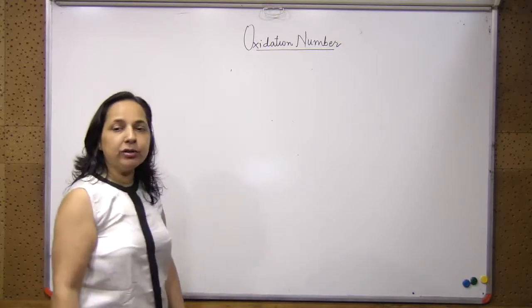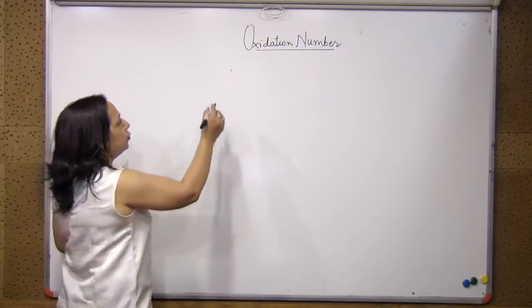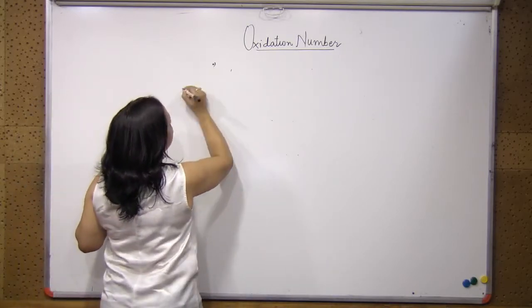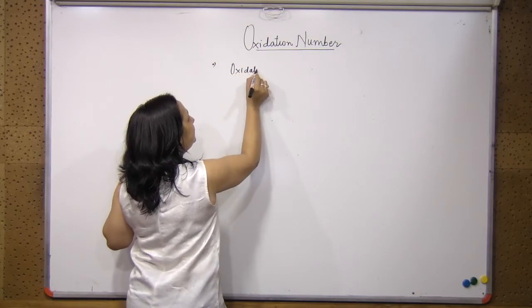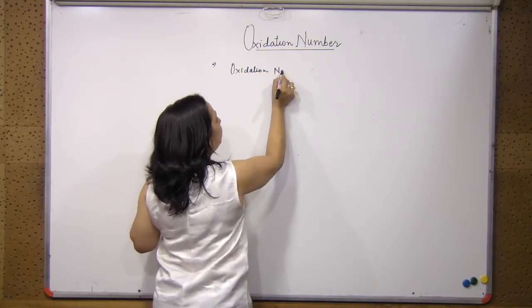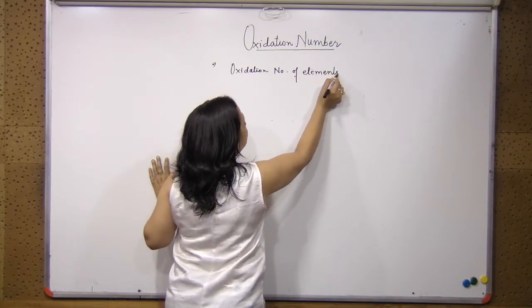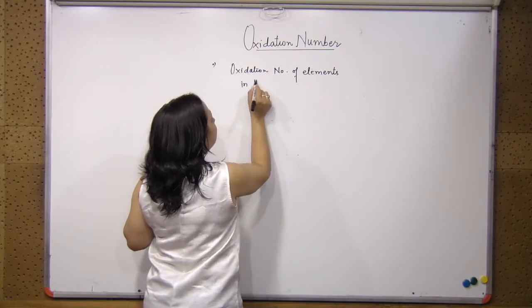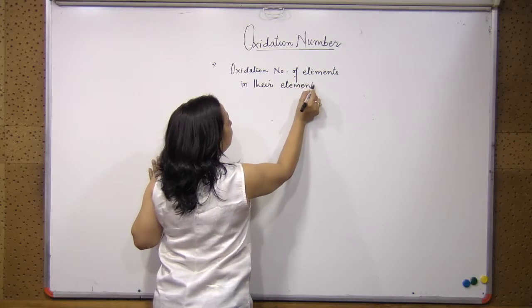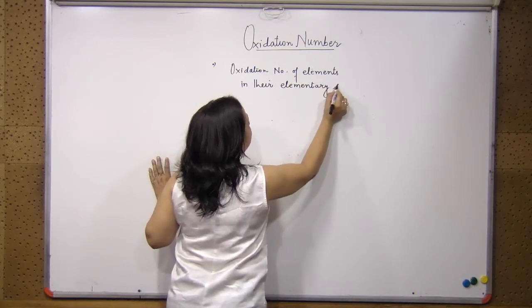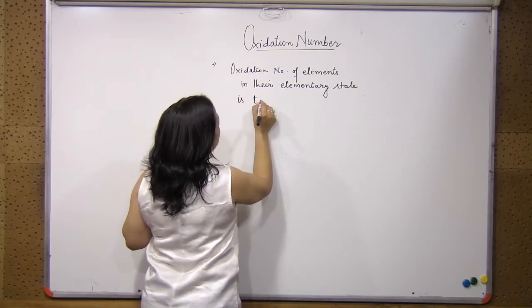If we want to calculate oxidation number, some rules, some points we must remember, and those points are: first point we have is oxidation number of element in their elementary state in their elementary state is taken as 0.